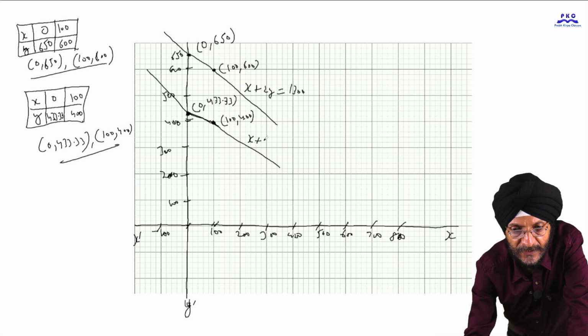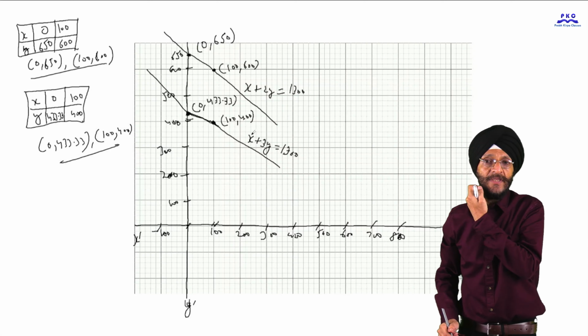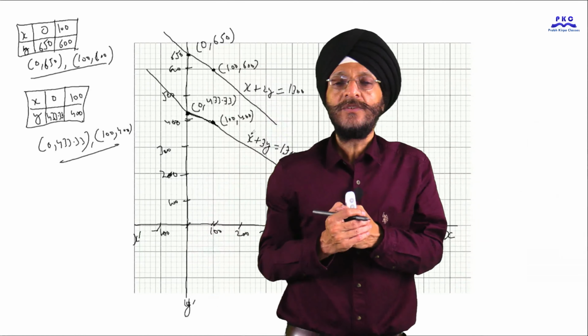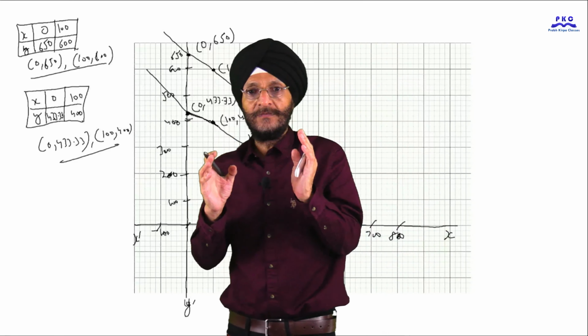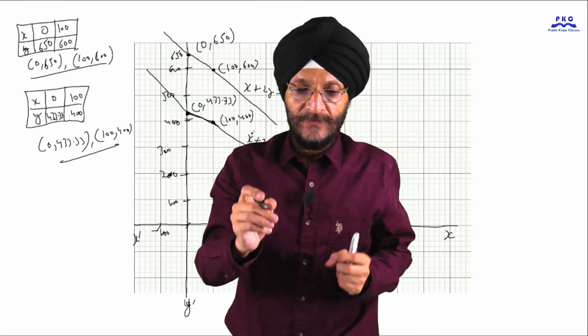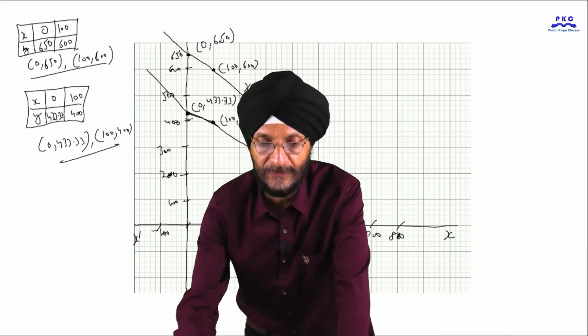It is x plus 3y is equal to 1300. So when you are forming the graphical or geometrical representation of the linear equation, you are to mention the equation as well as the solution on the basis of which the relevant point was obtained.